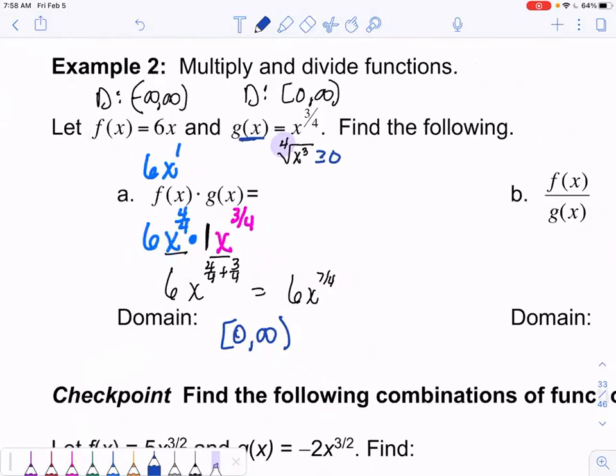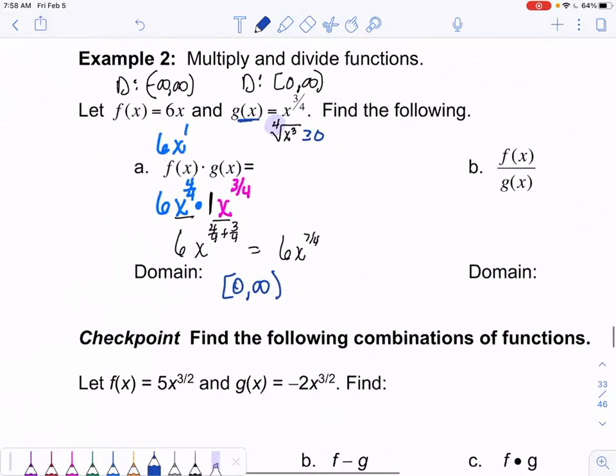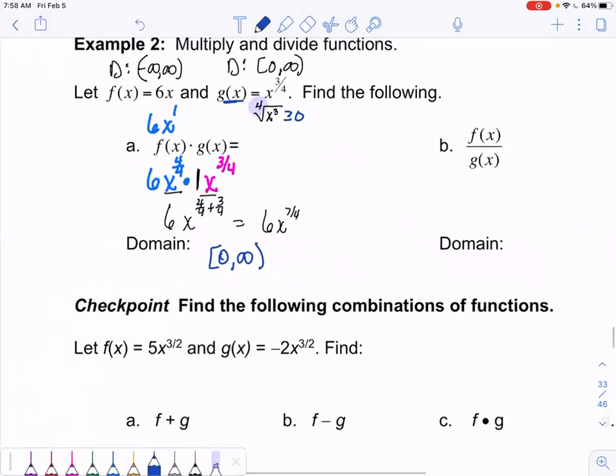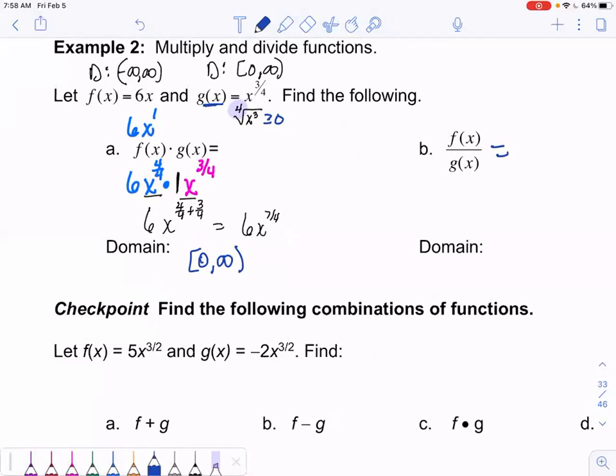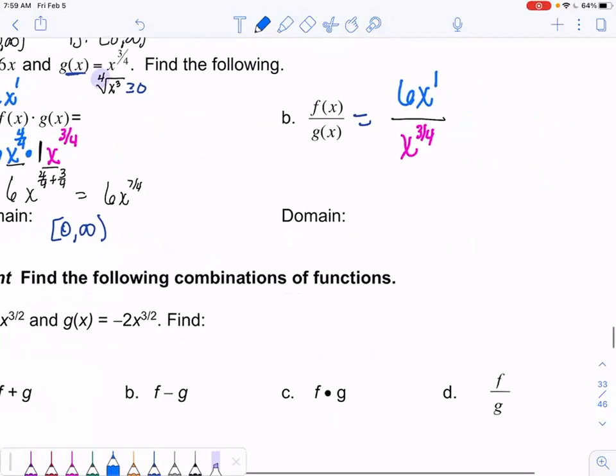And then the last one over here wants us to divide. So let's try and divide these. So we have f of x divided by g of x. Remember your properties of exponents. Ella, what are you doing when you're dividing with exponents? Yeah, you're subtracting them.